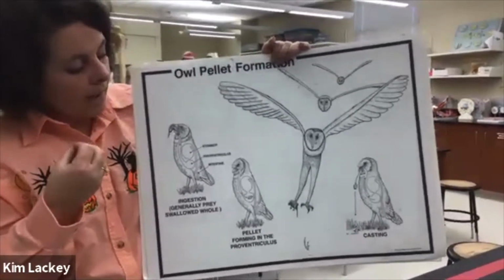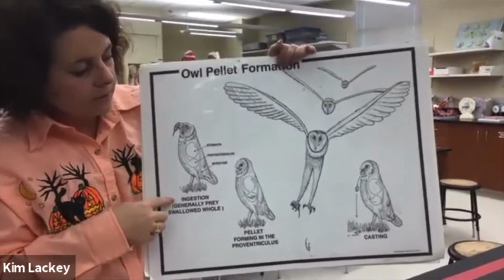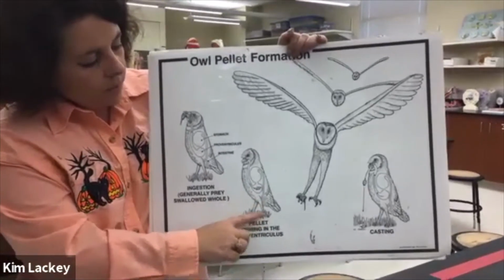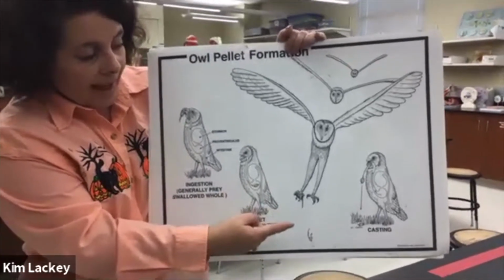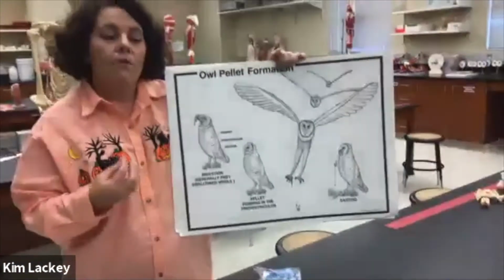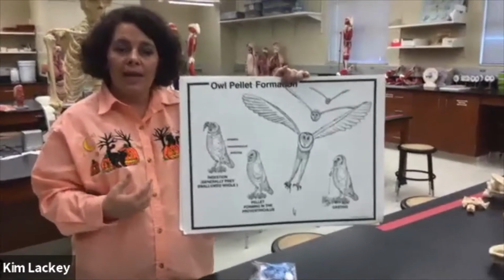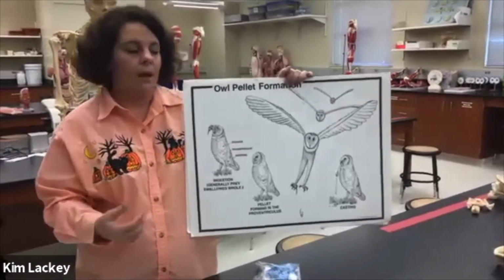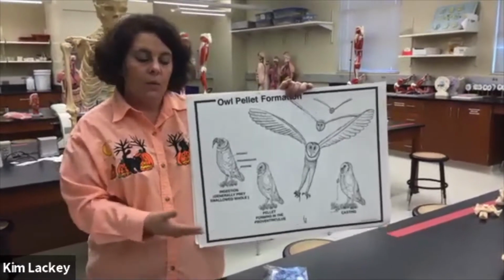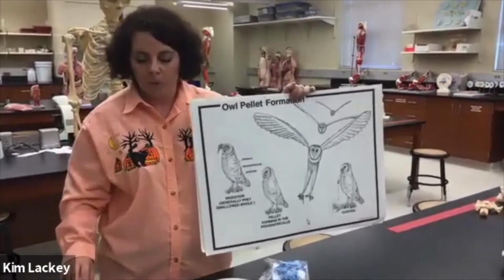About 20 hours after the owl has consumed its meal, it will regurgitate the casting of that owl pellet. Farmers will go out and collect those owl pellets, and they're sent to a laboratory where they're sterilized. So when we're digging through them, they will be sterile.